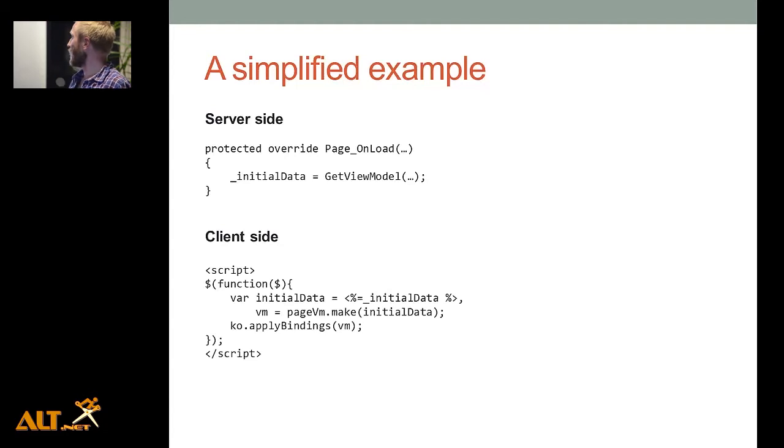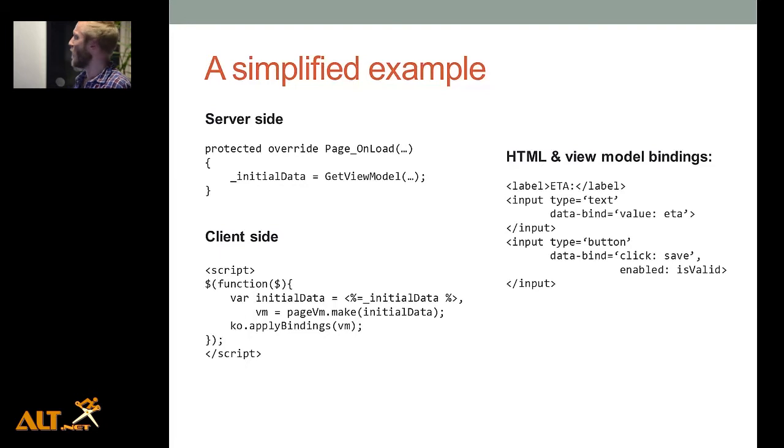On the client side, the script basically gets the initial data, creates the JavaScript view model, which is a modular pattern, and applies the bindings to the Knockout framework. In the HTML you basically get bindings to your elements and you bind behavior to your button. So when you click save here, it's going to call the save function on the JavaScript view model, and you define your behavior from there.